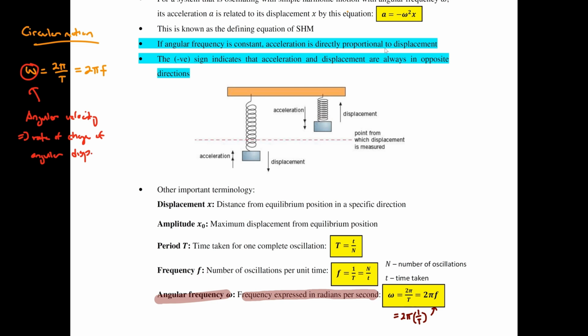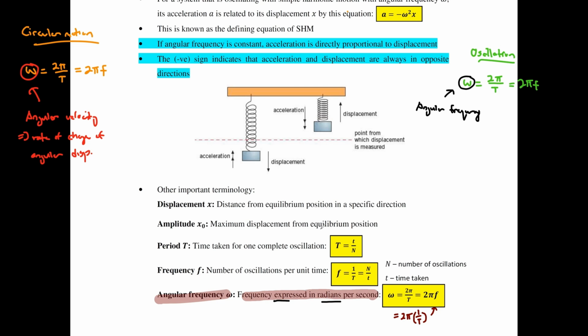But now in the oscillation chapter, suddenly you are seeing that same equation again, but they are not talking about angular velocity. It's actually talking about something else. In your case, omega equals 2 pi over T equals 2 pi f. This omega here is known as your angular frequency, which is frequency expressed in radians per second.